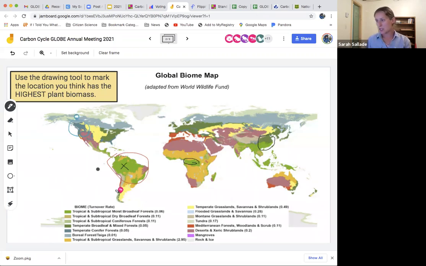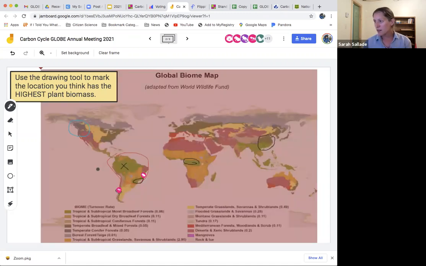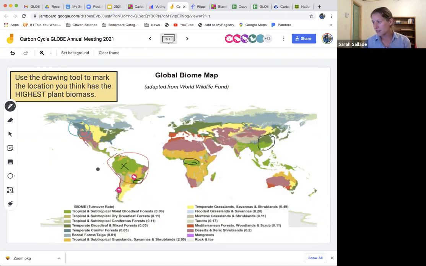We've got some guesses for the tropical and subtropical moist broadleaf. We've got a guess for the temperate conifer forests. The temperate broadleaf and mixed forests.